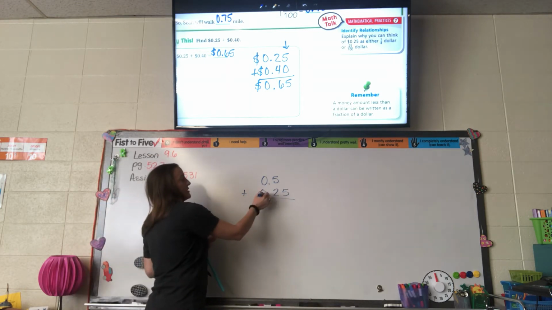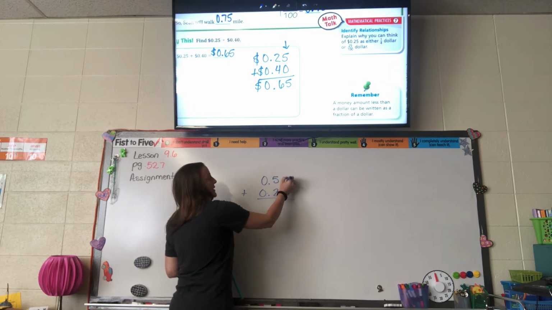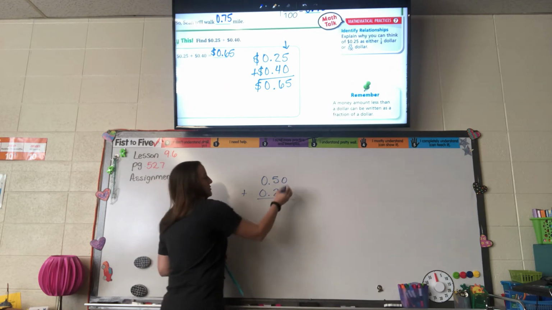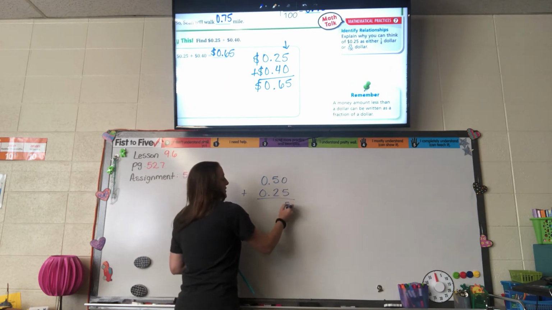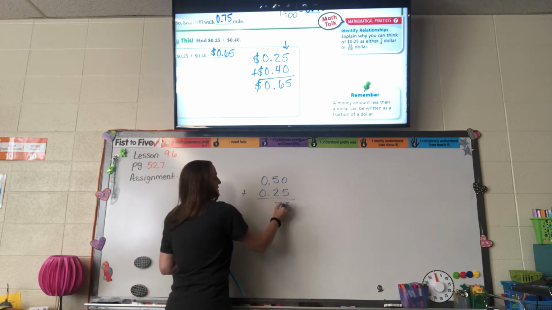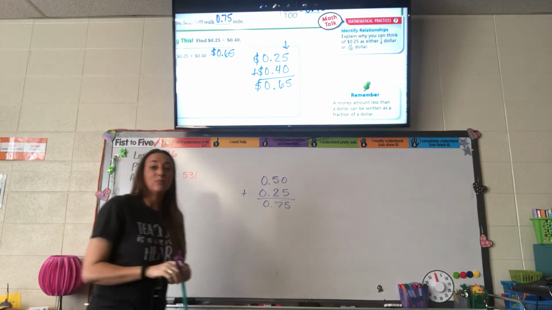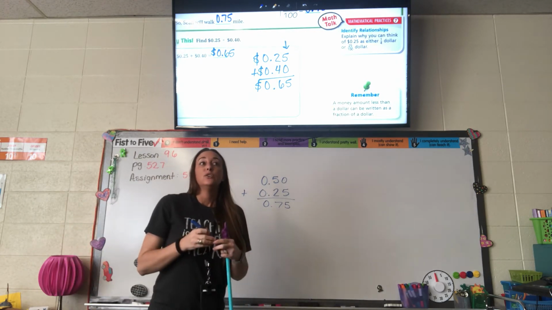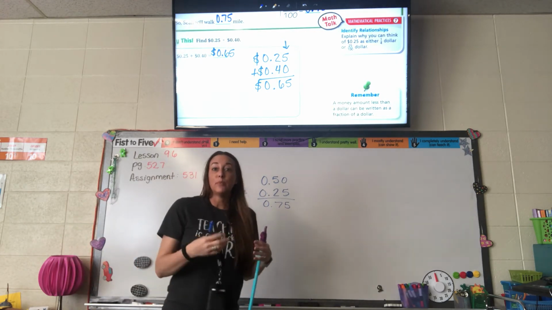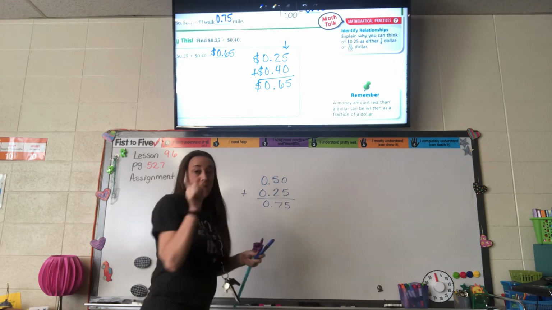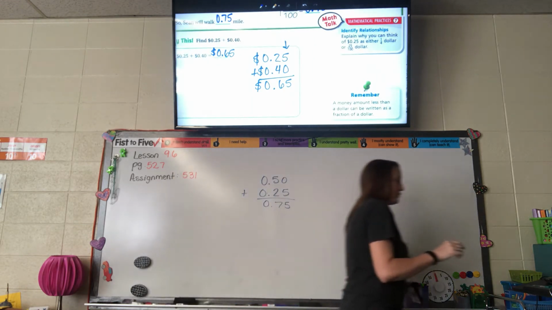You line up the decimal point. So this is basically like a 0, right? So 0 plus 5 is 5, and 5 plus 2 is 7. So that's how you add decimals that don't have the same number of digits, you just line up those decimal points.